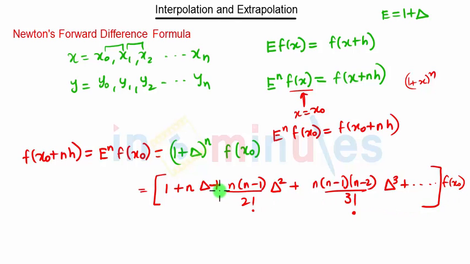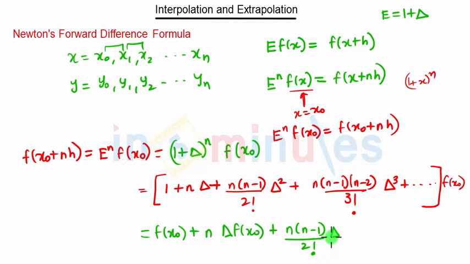I am taking this f of x0 inside. We will get f of x0 plus n times delta f of x0 plus n into n minus 1 upon 2 factorial delta square f of x0 and so on. What is f of x0? Y is f of x, so y0 will be f of x0.